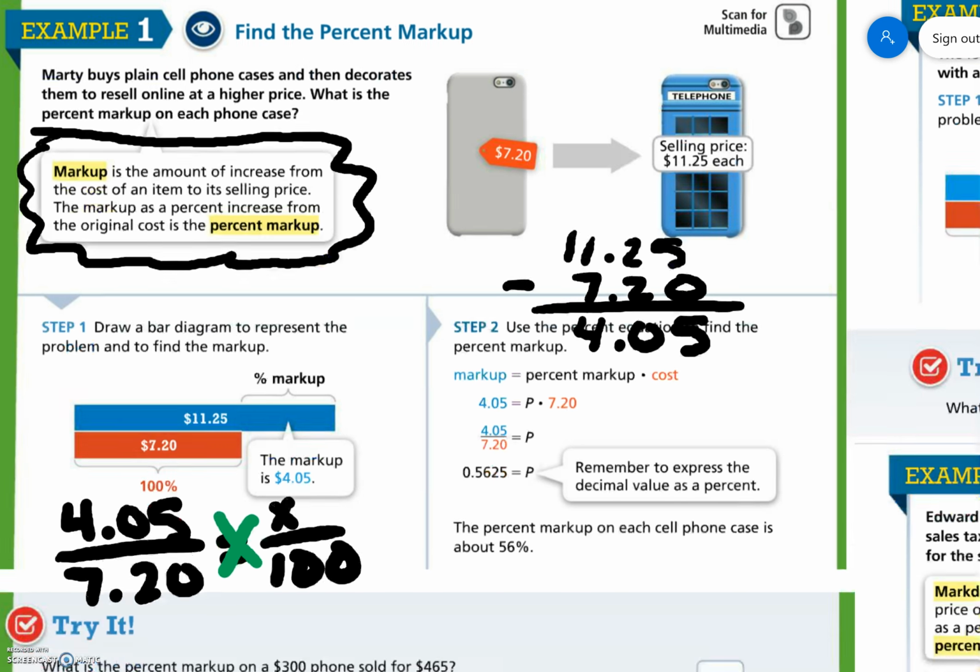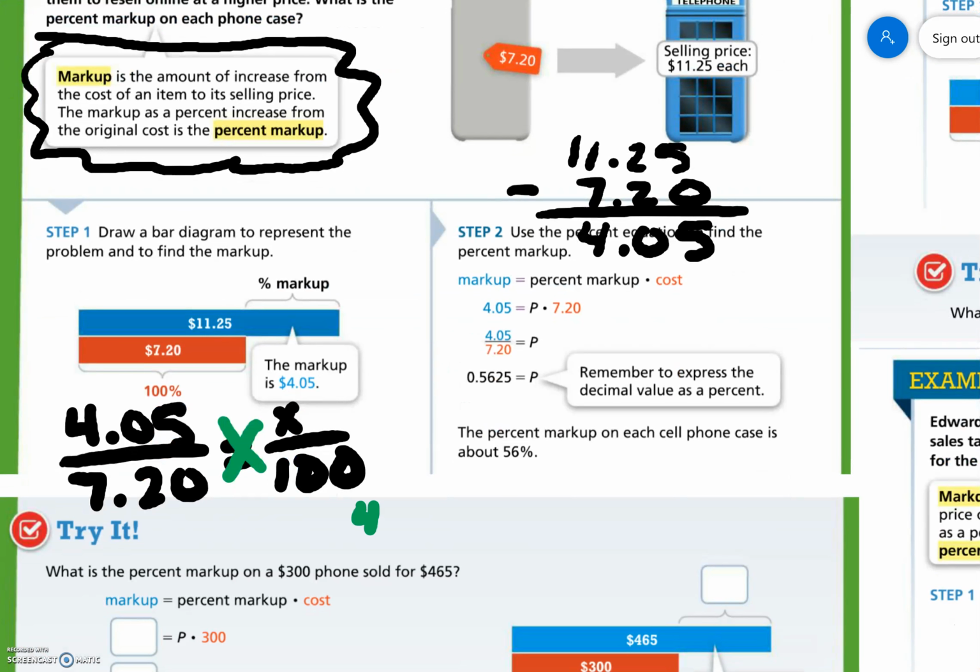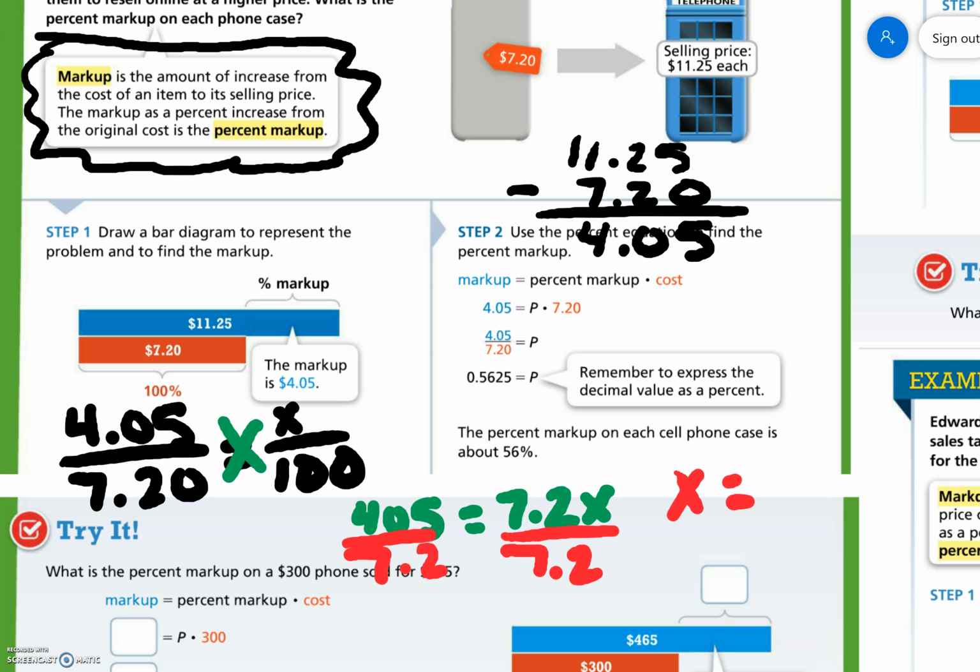Cross multiply. 4.05 times 100 is 405 equals 7.2x. Going to divide by 7.2. x should equal, let's see, 405 divided by 7.2. X equals 56.25, so that's about 56%.